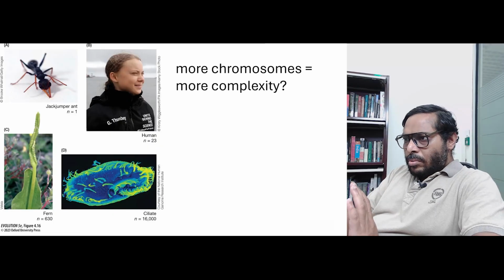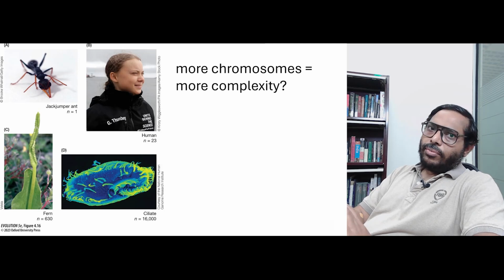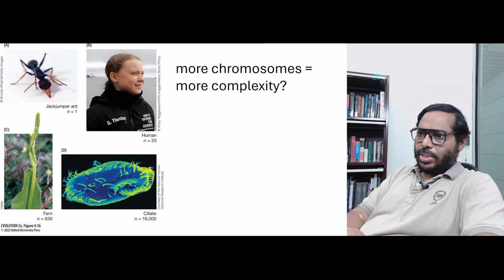We know that there exists a lot of variation in terms of how many chromosomes different species possess. So, an automatic question that comes to one's mind is that if some species has more chromosomes, does that indicate that it is a more complex species? To investigate this question, let us look at 4 different species and their chromosome numbers.